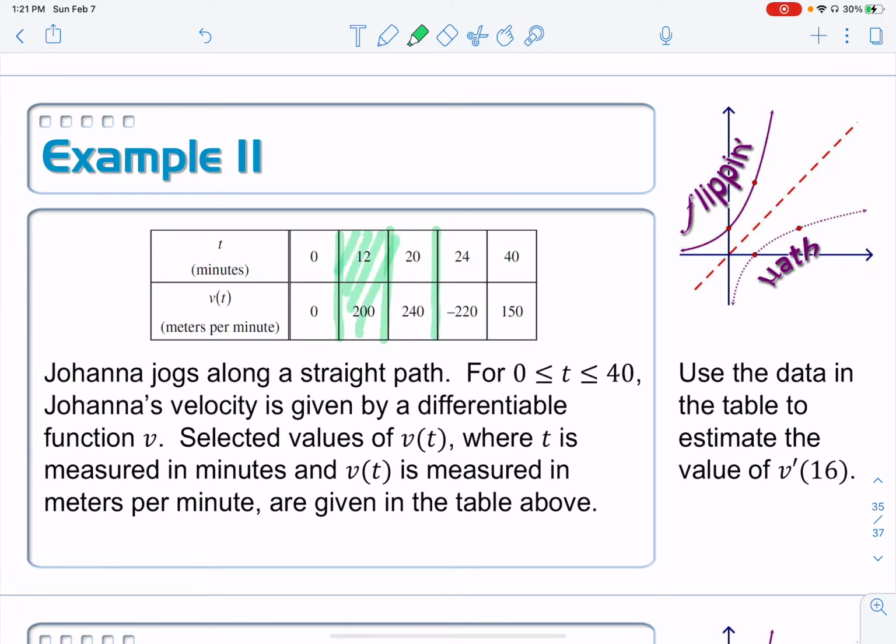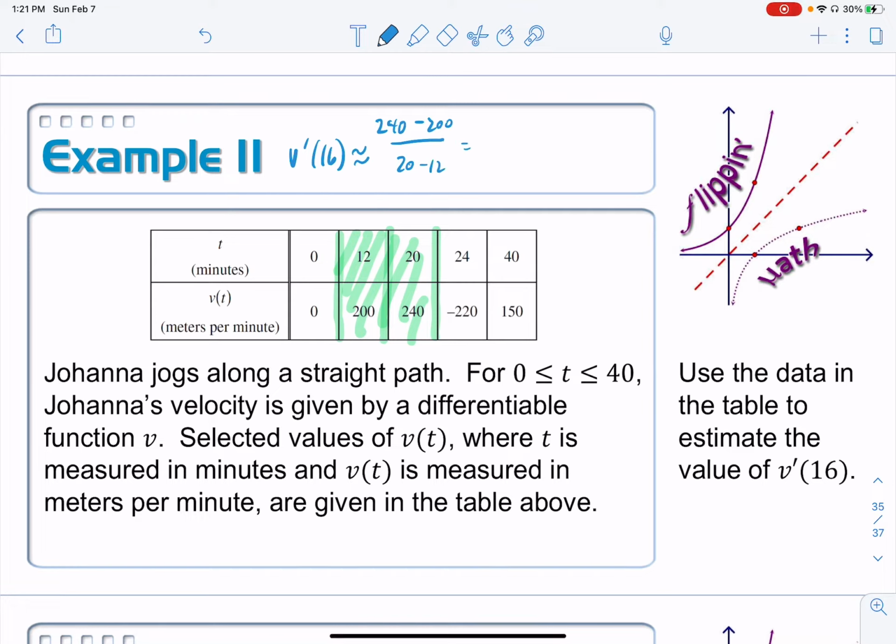So what I'm going to do is find the slope between those 2 points, and we're going to use that to approximate the value of v prime of 16. It should be approximately equal to, use the correct symbol, a change in y over a change in x, which is going to be (240 - 200) / (20 - 12).